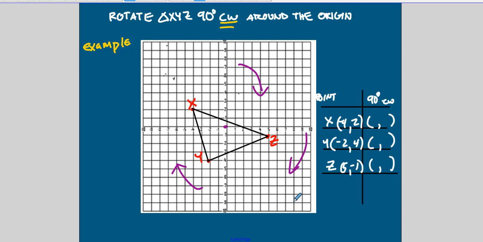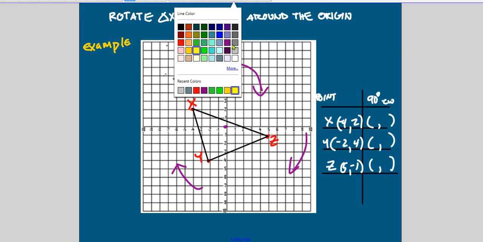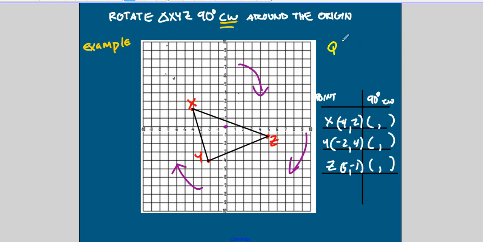So again, we are going this way. Let me label my quadrants here. This is Q1, that's plus, plus. Q2 is negative, positive. Q3 is negative, negative.